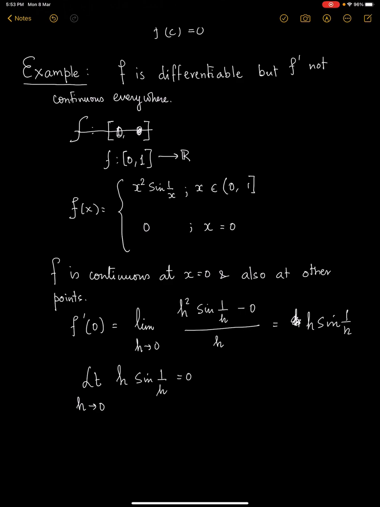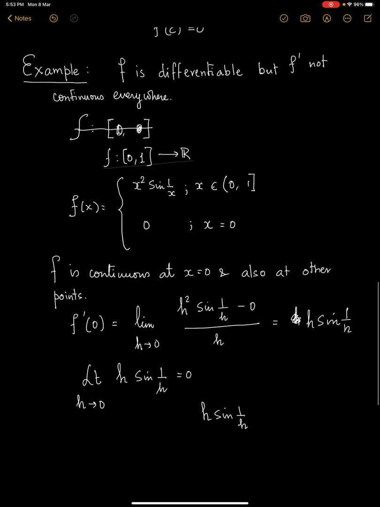For a proof, if h is positive, h sine 1 by h lies between minus h and h, so taking the limit on both sides gives 0 when h is positive. For the negative part, you can do it yourself, but this is the result.